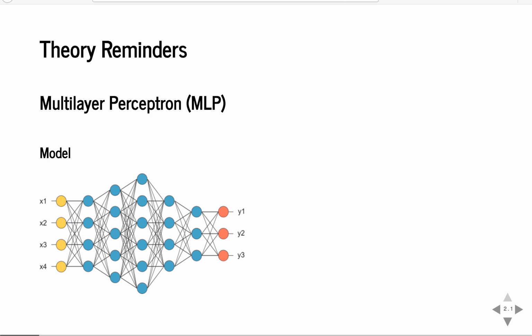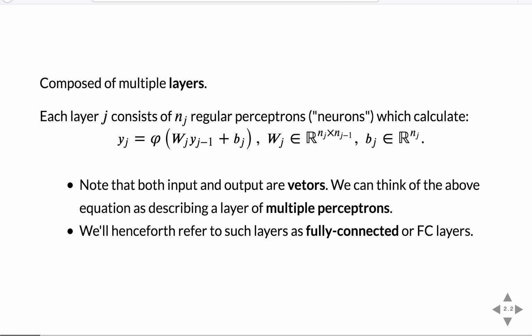And briefly, if you remember what the equations look like, what each layer calculates is this linear affine transform, which takes the outputs of the previous layer and multiplies them by some matrix, and this encompasses all the neurons in the layer. I'll just draw it here for later. So this is what an MLP looks like. Each neuron is connected to all the inputs.